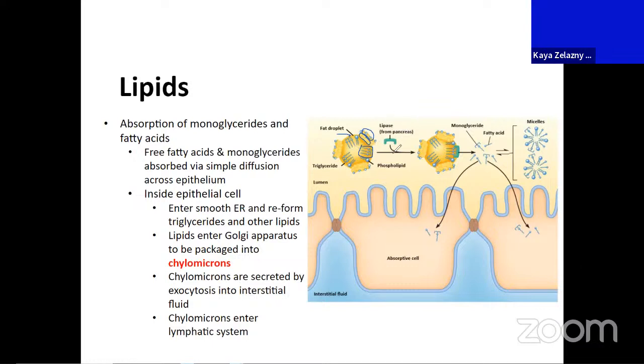So when lipase comes in from the pancreas, it's an enzyme, so it's going to break down those triglycerides. We can see it grabbing on to a triglyceride and catalyzing this reaction, giving us the monoglycerides, which is what I meant by the T-shaped one, and these free fatty acids.